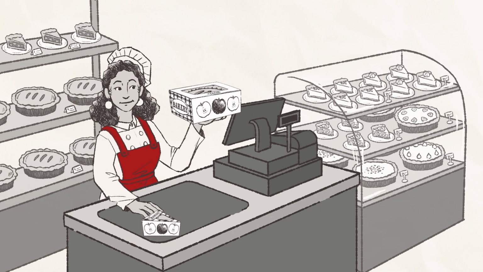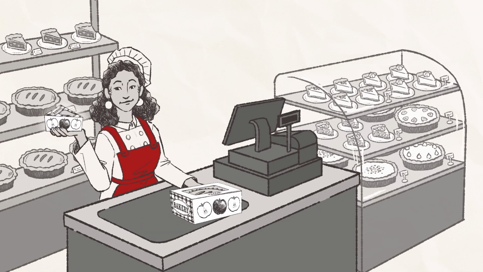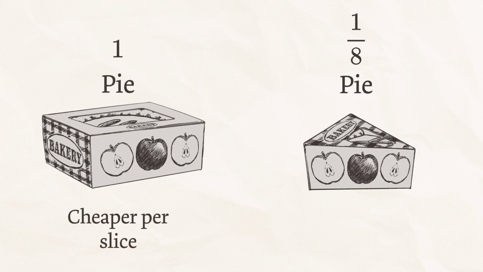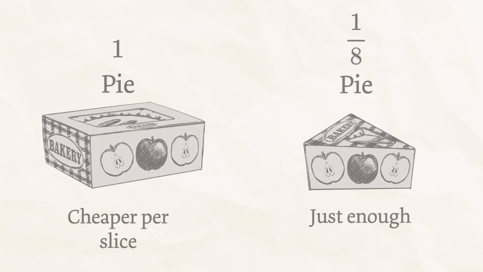You can buy a whole pie, or you can buy a pie by the slice. It's cheaper per slice to buy the whole pie, and there's less packaging. Good for the planet, right? But if you only need a slice or 2, then you can buy them individually. No need to keep eating pie till you're sick of it.